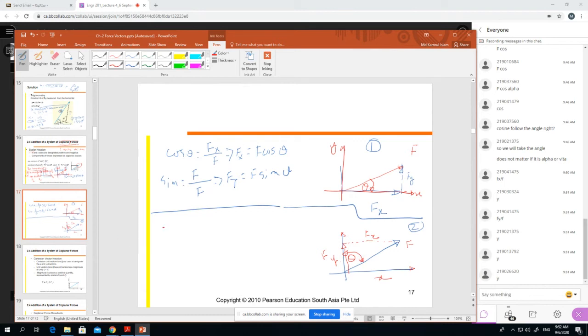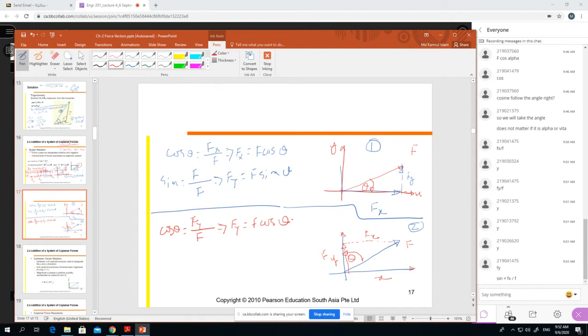Now someone tell me how I should write cos theta. Fy, yes. Everyone clear? The answer is correct. So fy equals F times cos theta. Look, see the differences.